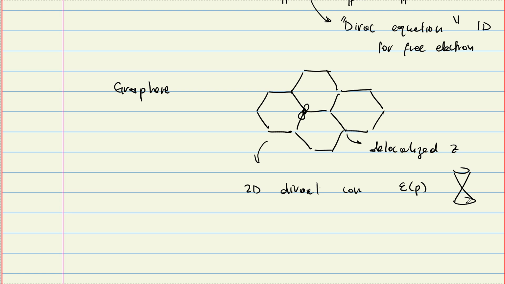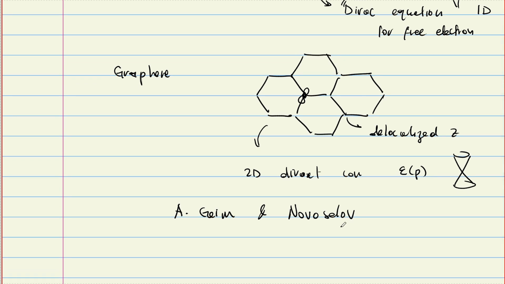And for a really long time, it was thought that this was not possible, for reasons that don't concern us. Very influential people thought it was impossible to exist in nature. But in, I think, 2002, Andre Geim and Novoselov produced graphene, a single layer of carbon atoms, and the way they did it was not some crazy experiment.